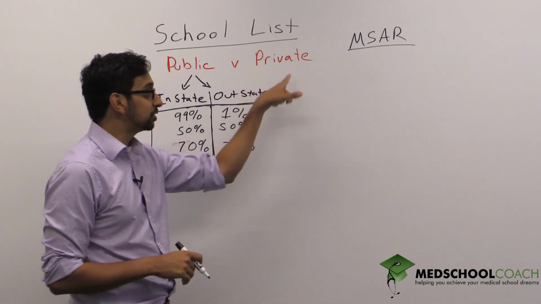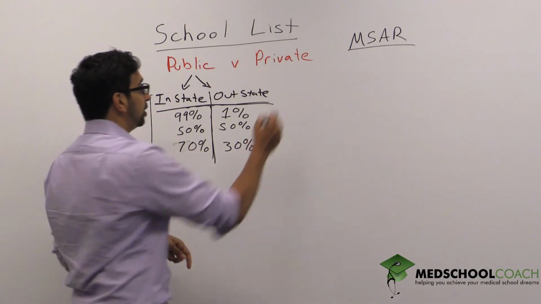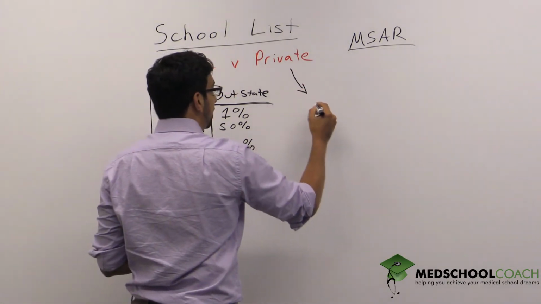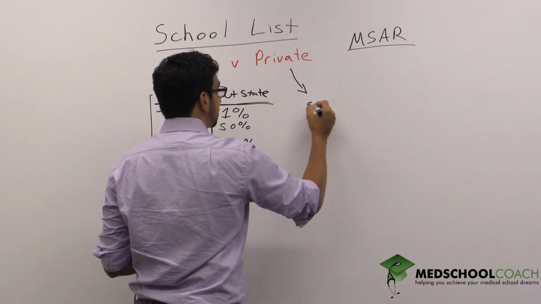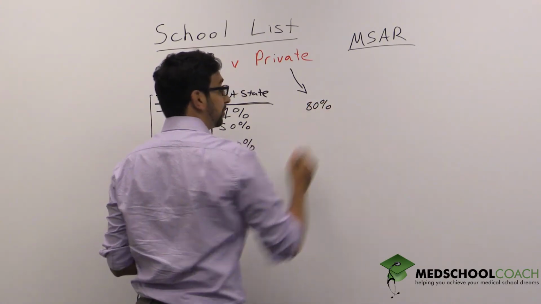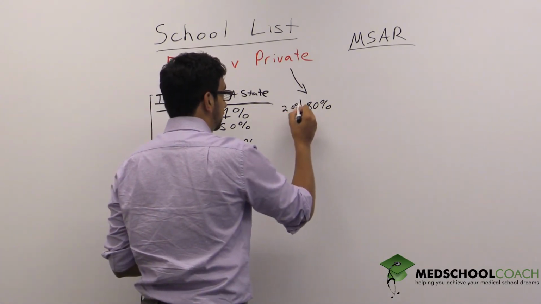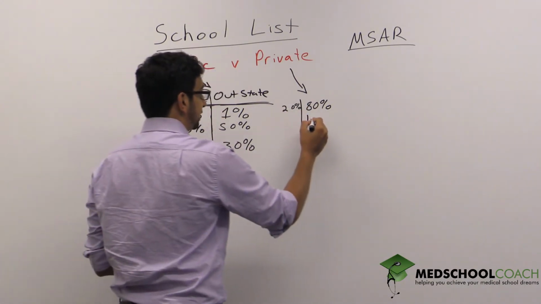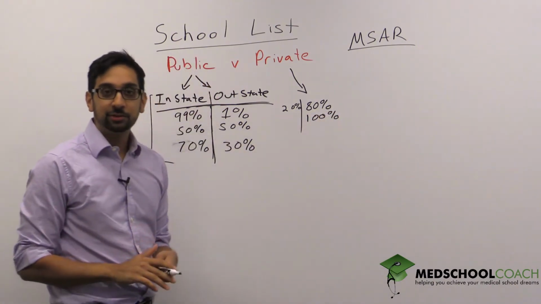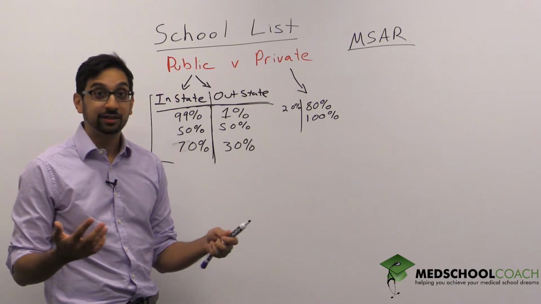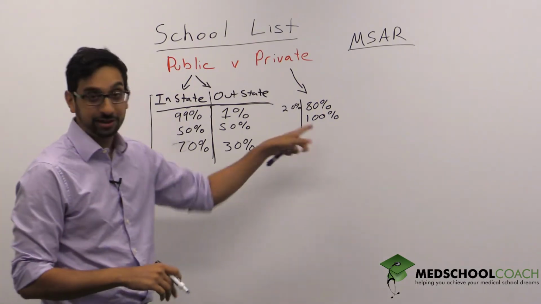Now, when you look at private schools, they also will be broken down into in-state versus out-of-state, but what you'll see is that most of them are actually the other way, where almost 80% of students or so are coming from out-of-state, and only 20% of students are coming from in-state. Sometimes this is 100% or close to it if you look at a place like George Washington or Georgetown, where DC is not a state, so you get 100%.